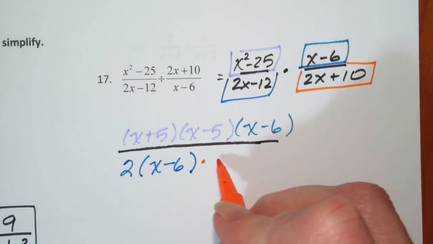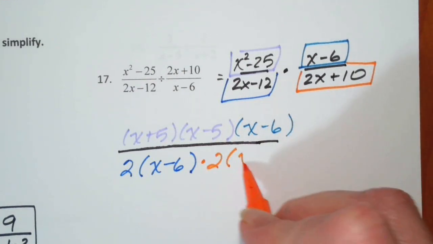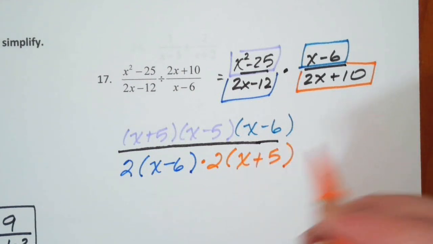And 2x plus 10 has a common factor of 2, and I'm left with x plus 5.